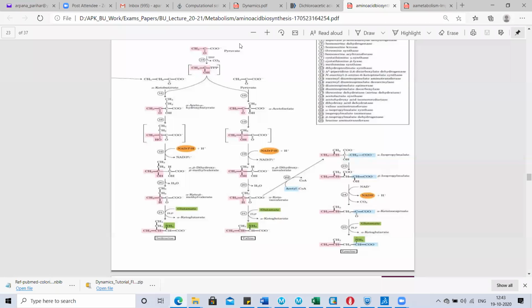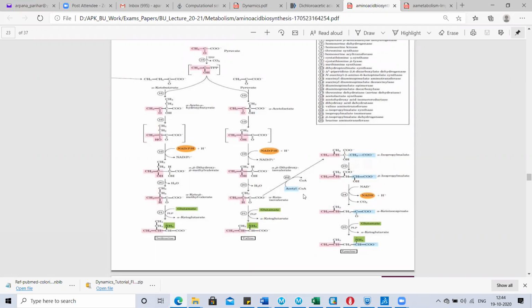Similarly, this compound can also interact with another pyruvate and form alpha acetolactate, which through subsequent reactions can be converted into valine. And an intermediate of the valine biosynthesis pathway, alpha keto isovalerate, is involved in the synthesis of the leucine pathway.